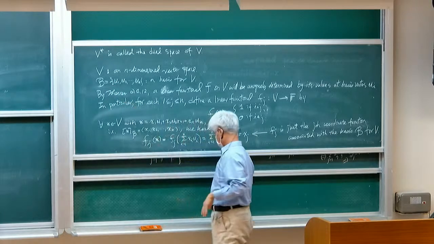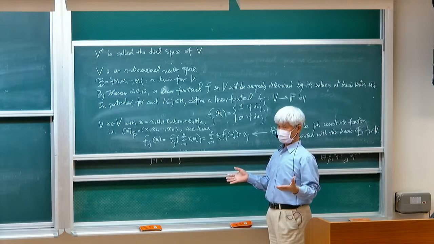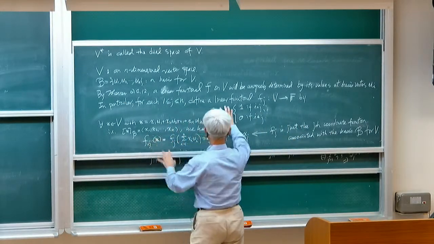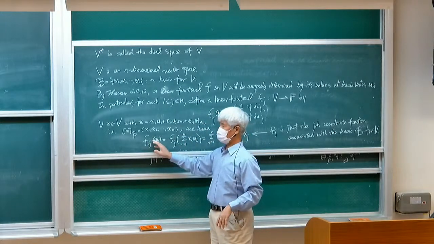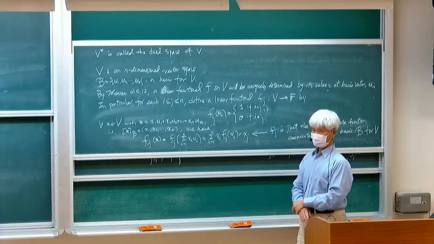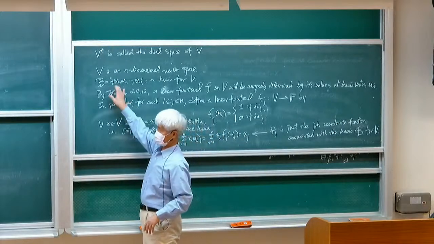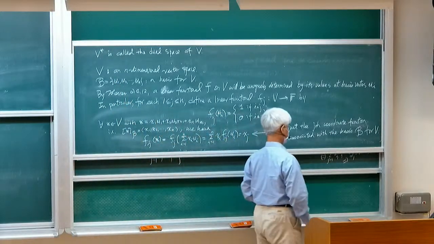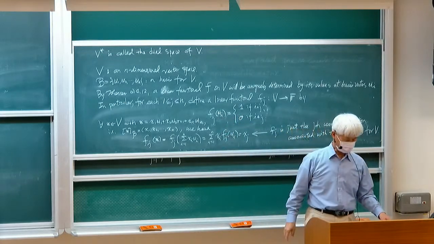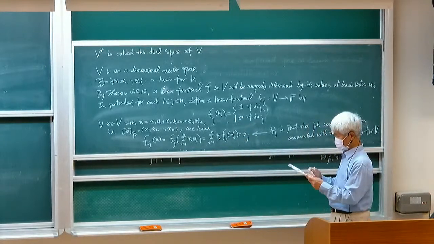Okay, so once we fix a basis, we fix a coordinate system, and then fj on x gives us the j's coordinate, all right, in the B coordinate system here. Okay, so the functionals here are just coordinate functions we have.